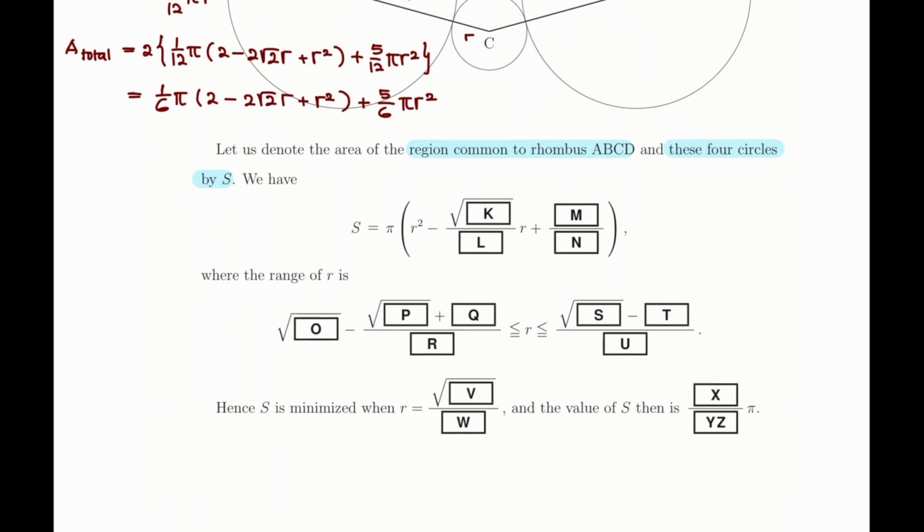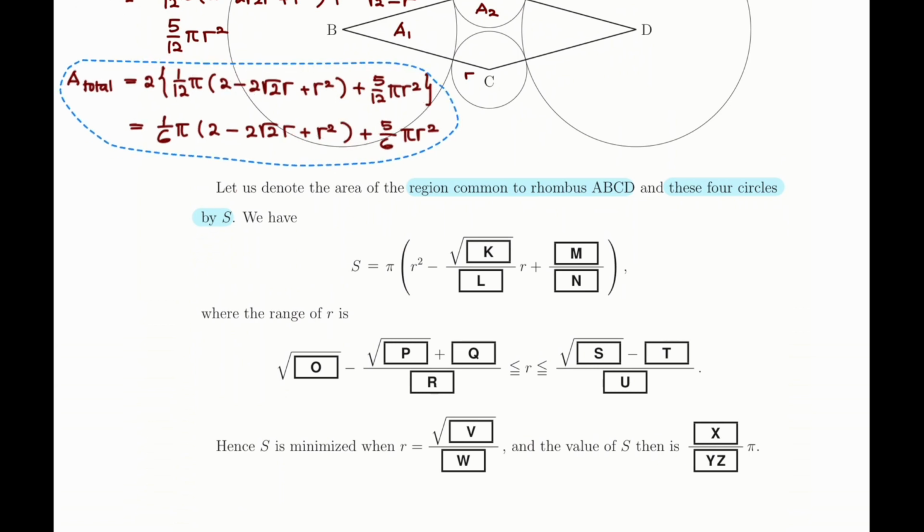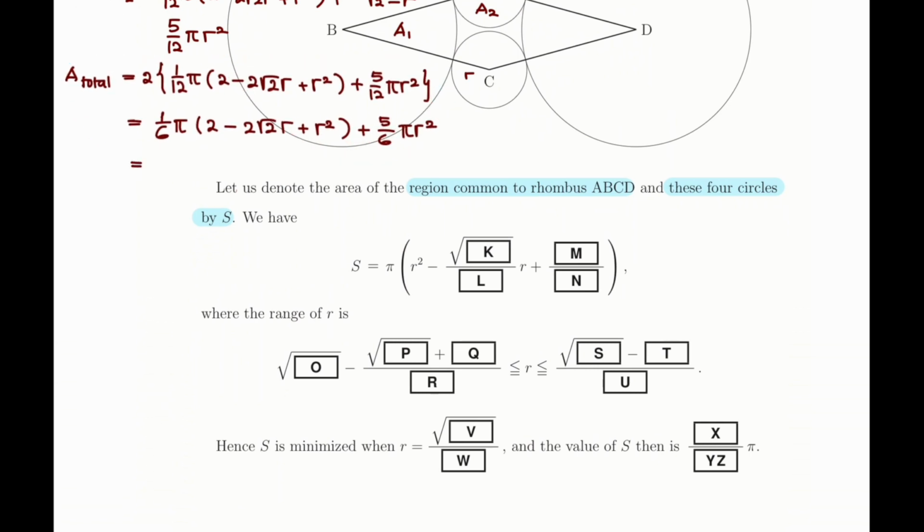Then I will get pi times 2 over 6 minus 2 square root of 2 over 6 R plus 1 over 6 R squared, plus pi times 5 over 6 R squared.